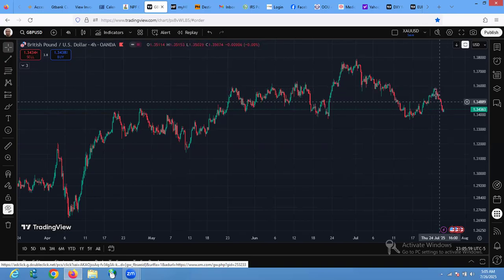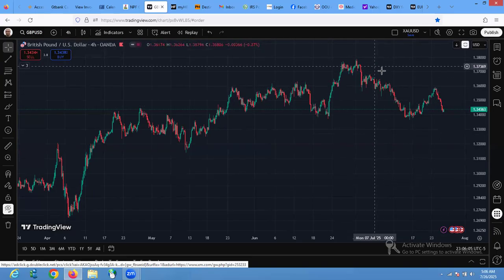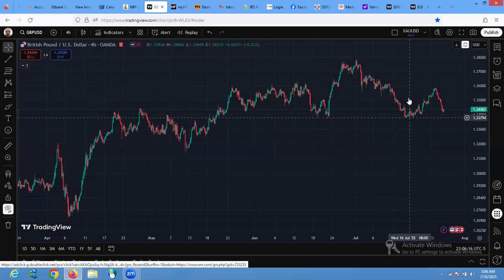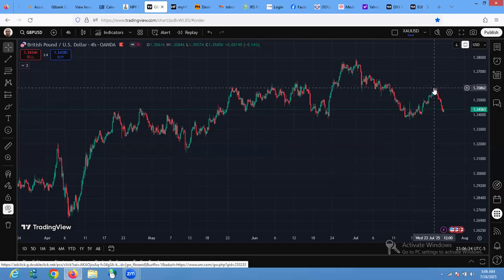Looking at this move, it's impulsive to the downside. So Pound USD may have topped. We may not be going up to break the top again, as we're going to have with Euro USD. I think it's the beginning of a much bigger correction to the downside that we are seeing here. These moves look sluggish and labored up to this point.